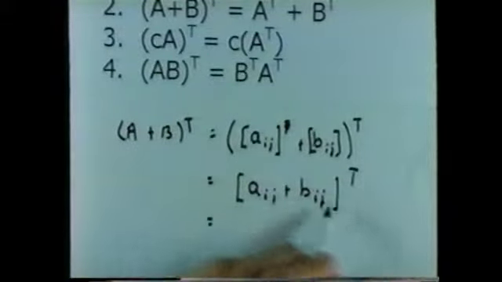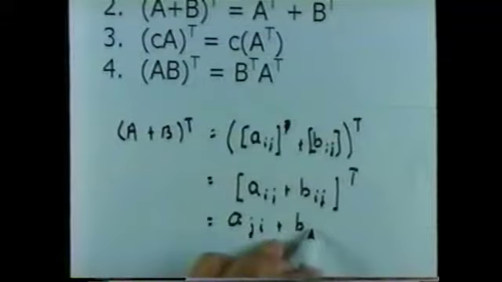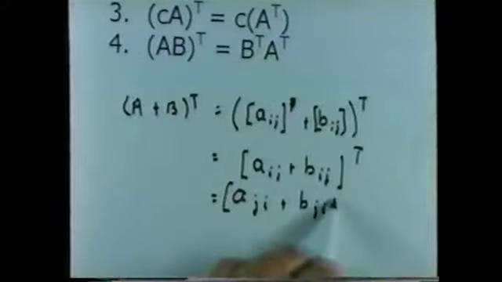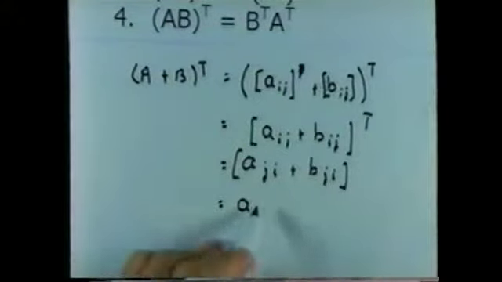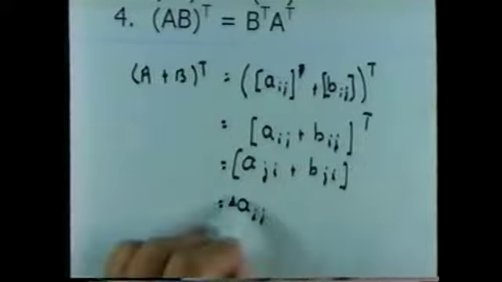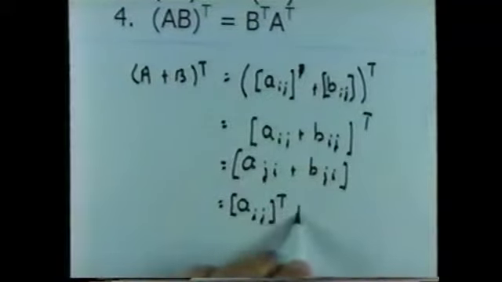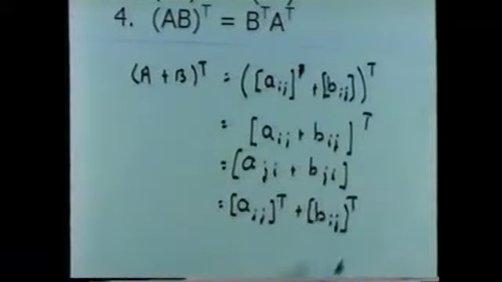Well, to do the transpose, I interchange i and j, so it's going to be Aji plus Bji. Well, if I've interchanged the columns, this is going to be Aij transpose plus Bij transpose, which is A transpose plus B transpose. So that was a little easier to follow.